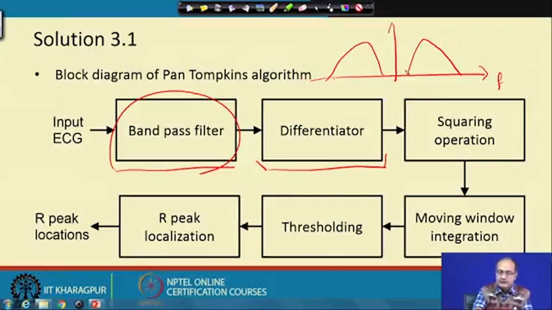First, this region we are eliminating to avoid the low frequency artifacts, like baseline wandering, and the cutoff frequency is chosen in such a way that in the high pass band, it will not only take care of the high frequency noise, it will also eliminate the power frequency noise.